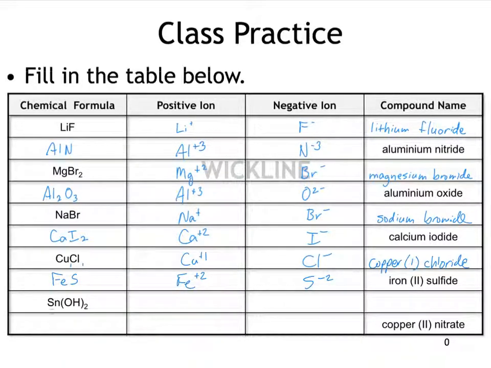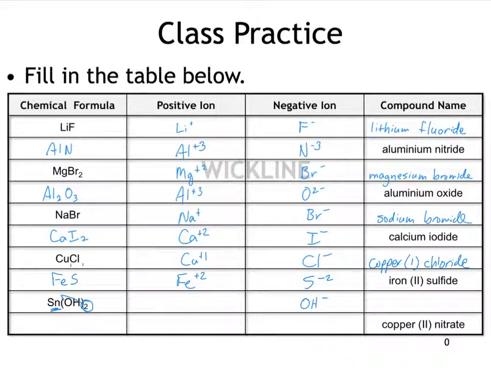All right, so tin is a transition metal, and it could be more than one charge. We're going to rely on charge crossing to figure out what the subscript is. So hydroxide is our negative ion, and I checked table E, and its charge is -1. So that means that the kind of tin that we have is going to be based on its charge and the fact that you have 2 hydroxides in the compound.